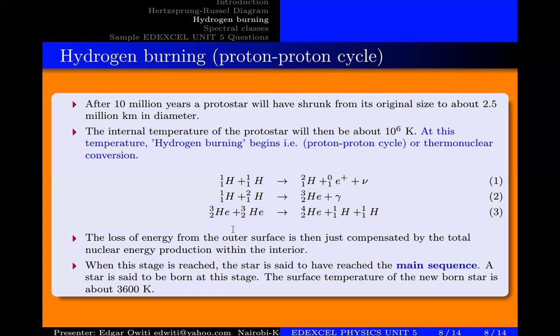That's why it is known as the proton-proton chain. This is what takes place as long as the star is in the main sequence, until we have excess helium taking over the hydrogen at the center, and then the hydrogen burning stops and the helium burning takes over.